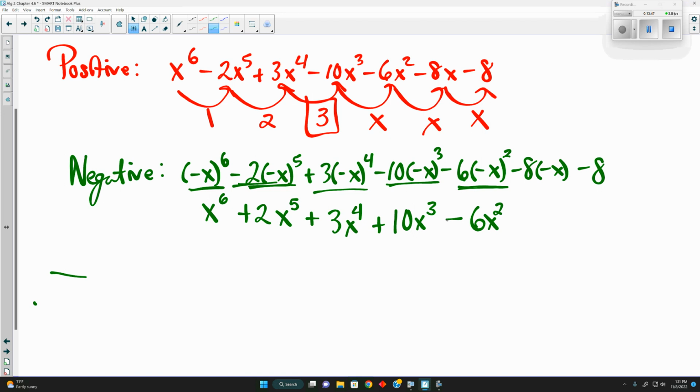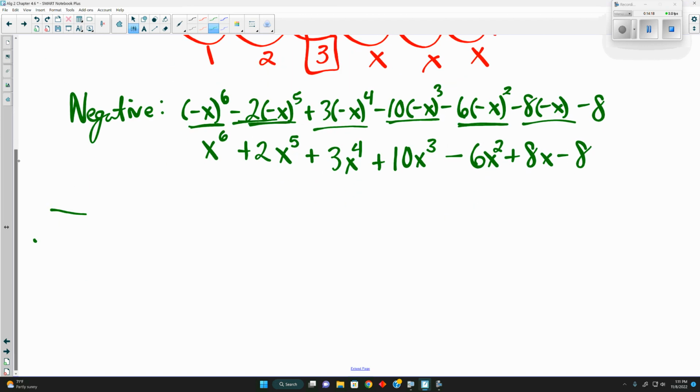For all the ones that have an odd power, the sign's going to change. Now the next one we have is negative 8 times negative x, yes? Well, the exponent is technically 1, so the sign would change too. Since it is just to the first power, negative x times negative 8, a negative times a negative, is a positive 8x.